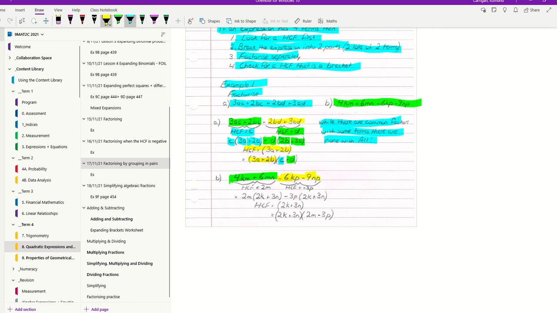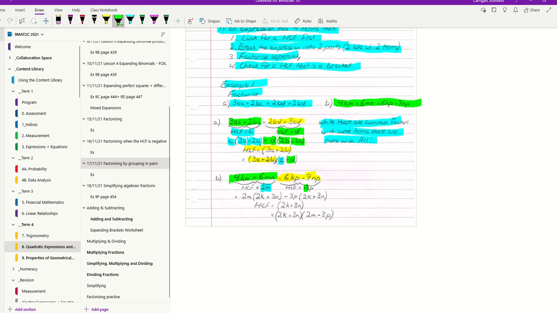Looking at my first lot, number-wise, the highest common factor of 4 and 6 is 2. And then looking at my letters, I've got an m in both, so my highest common factor is 2m. Looking at the other one, minus 6 and minus 9, the highest common factor is minus 3.